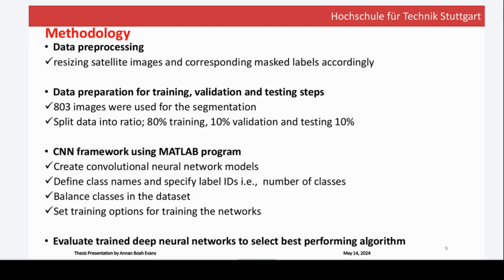So first, you have to create convolutional neural network models through your MATLAB scripting. Then define the names and specify the class IDs. In our case, we are using 7 classes, so we have to give special IDs in the form of RGB, which we used in our case. Then balancing the classes.